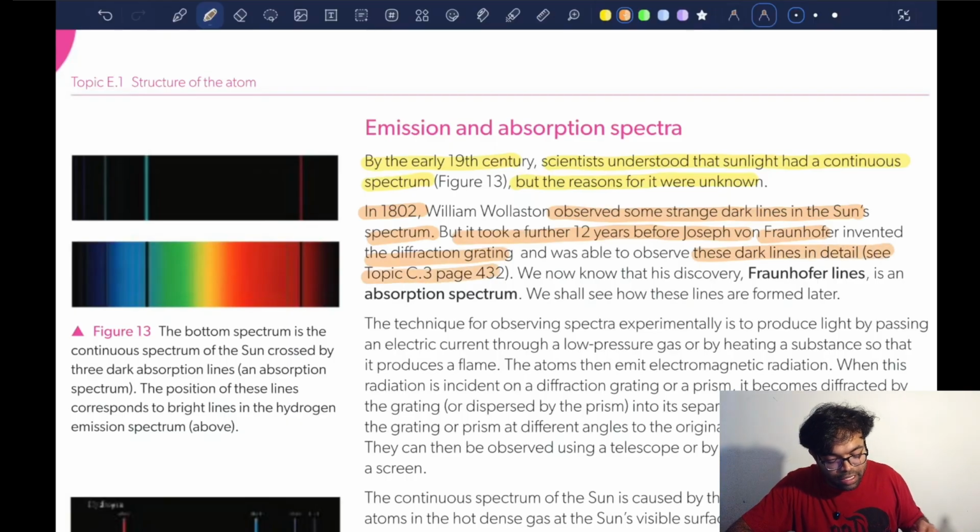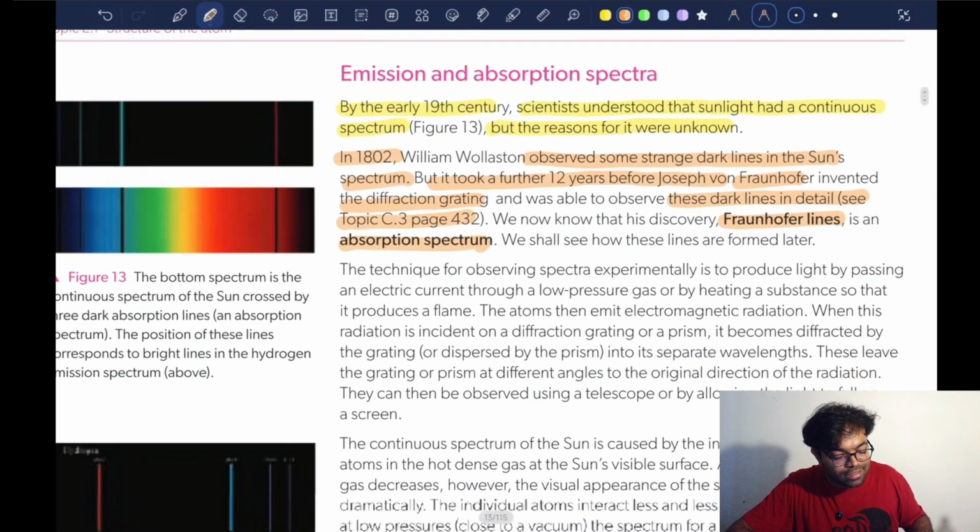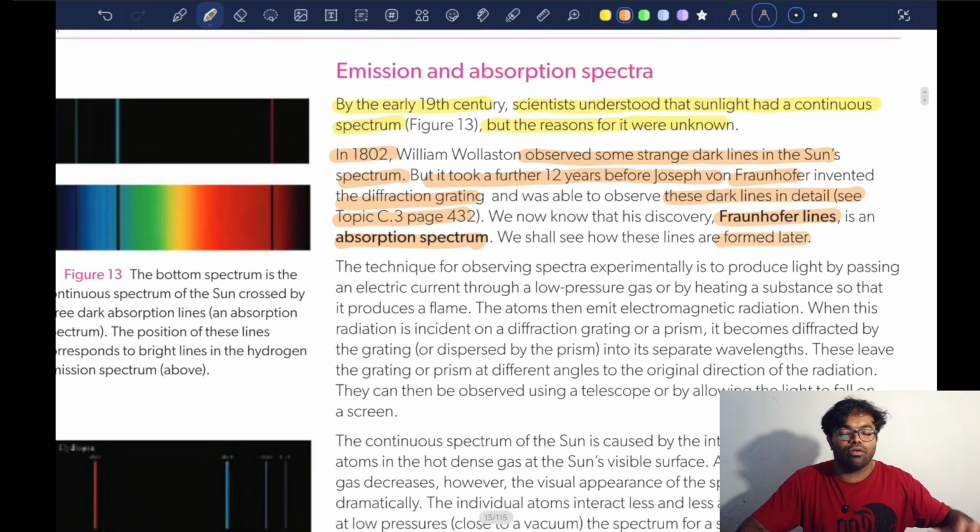See topic C3, page 432. We now know the discovery, Fraunhofer lines, is an absorption spectrum. We shall see how these lines are formed later. So, I'll just give you a brief understanding. Now, we know that light is made up of energy.